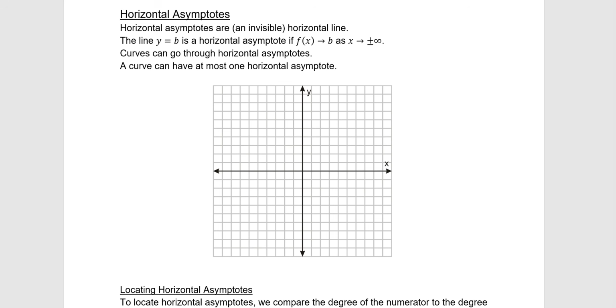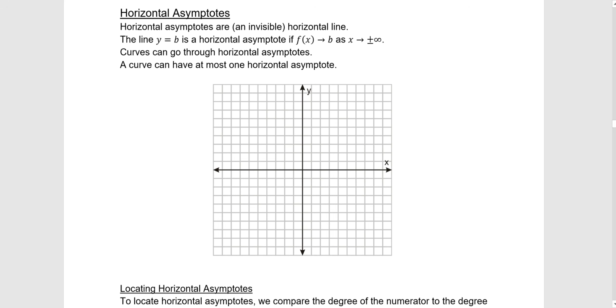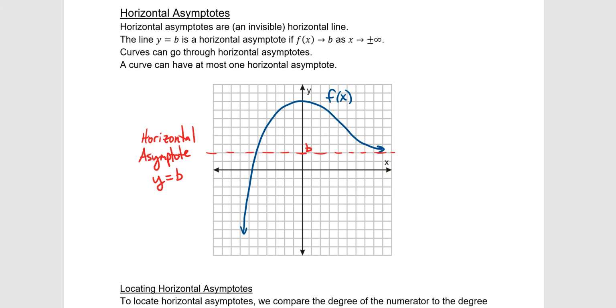So let's take a look at this graph for an example. Let's say we have this function f of x, and we have this horizontal asymptote at y equals b. That b is just some arbitrary y coordinate. And notice that right here, I let the graph of f of x actually pass through it just to represent that it can go through it sometimes.